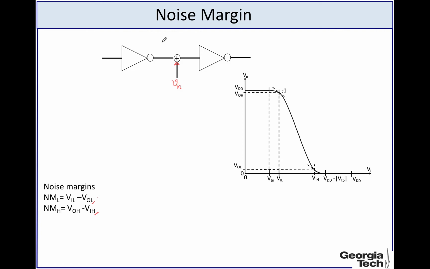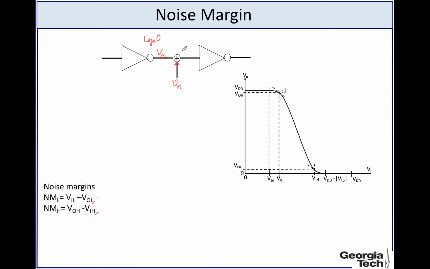All right. So let's consider the worst case scenario. Say the output of this inverter is supposed to be a logic level 0, and it is logic level 0, but its voltage level is not 0, rather it's VOL. All right.